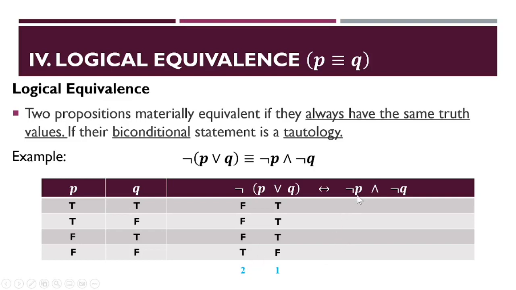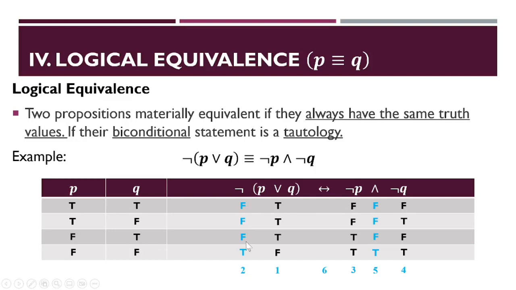Then let's focus on the negation of P. So we have false, false, true, true. Negation of Q is false, true, false, true. Then for their conjunction, this can only be true if both of them are true. So there. Verifying that the biconditional are all tautology. As we can see, for biconditional, they should be equal values.